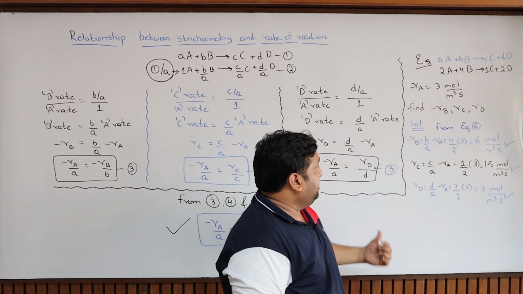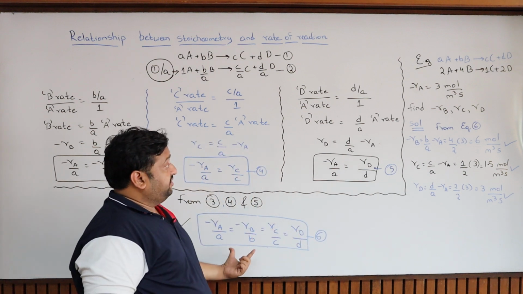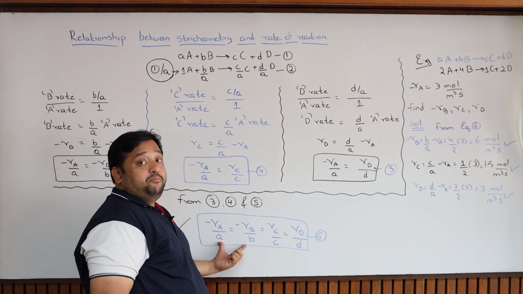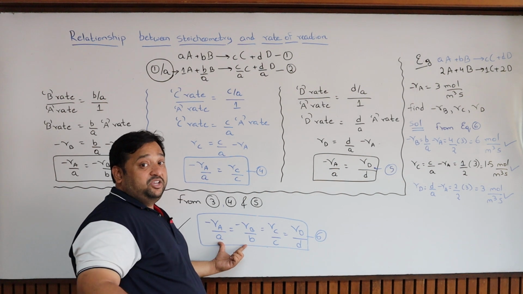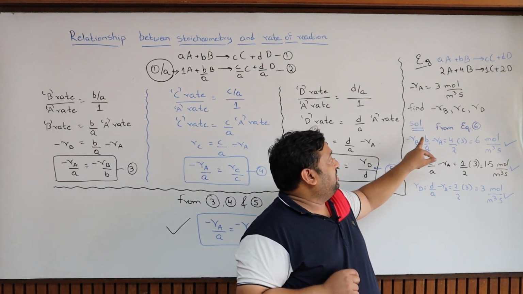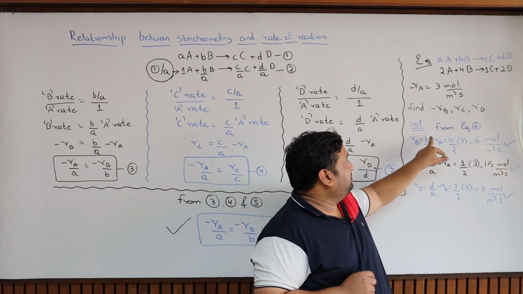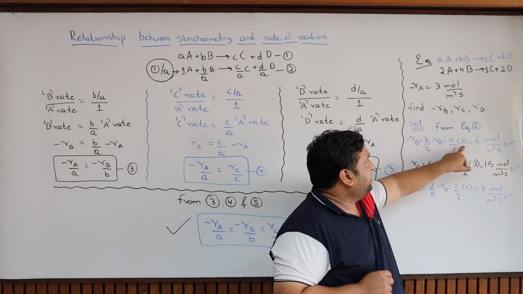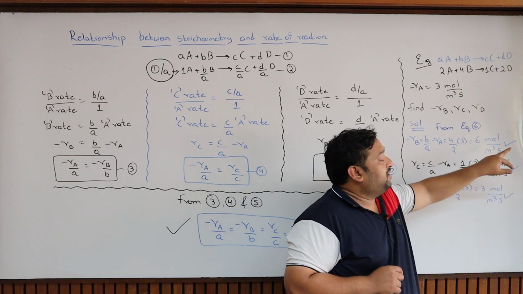Using the first two relationships, minus RA by A is equal to minus RB by B, that implies minus RB is equal to B by A times minus RA. What is it? 4 by 2 times 3, which is equal to 6 moles per meter cube per second.